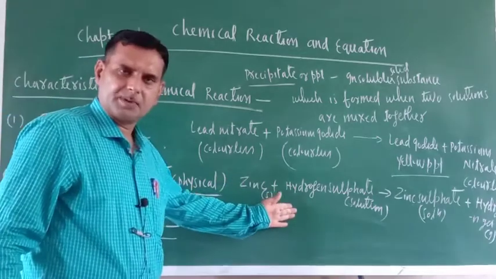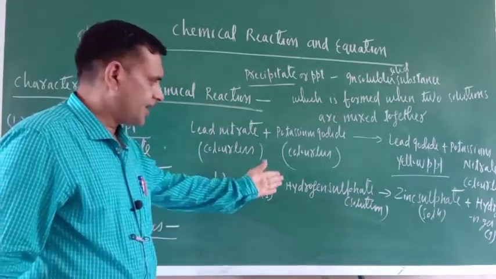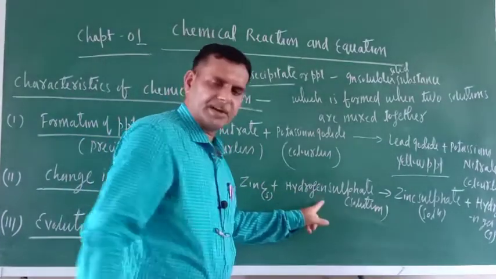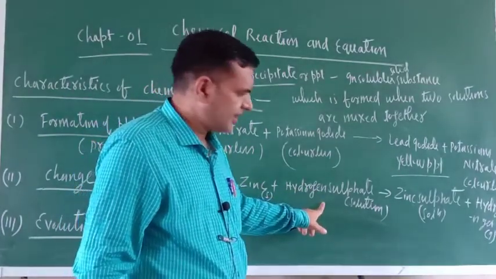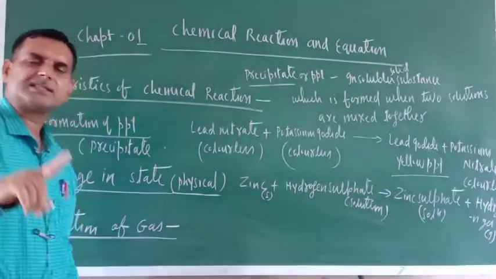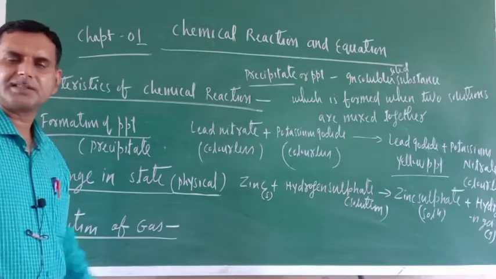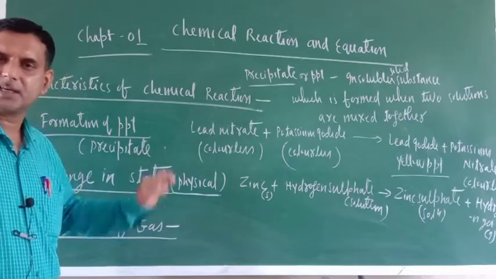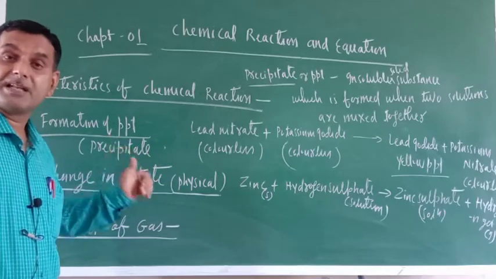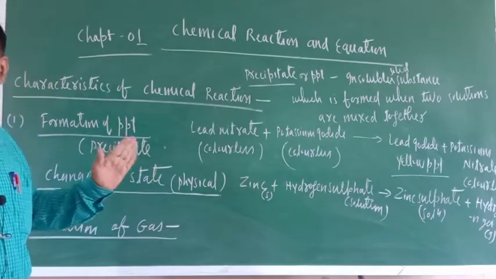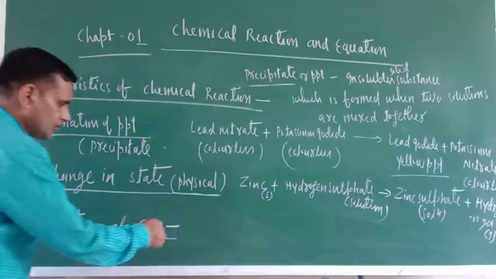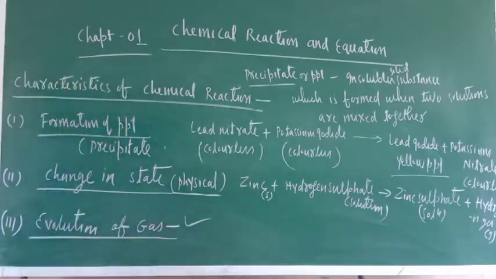When zinc reacts with hydrogen sulfate or hydrogen chloride, gas is evolved. Evolution of gas is an example of a chemical reaction. If during a chemical reaction a gas is evolving, the change is a chemical change, and that is a chemical reaction. Am I correct or not? So evolution of gas is one of the characteristics.